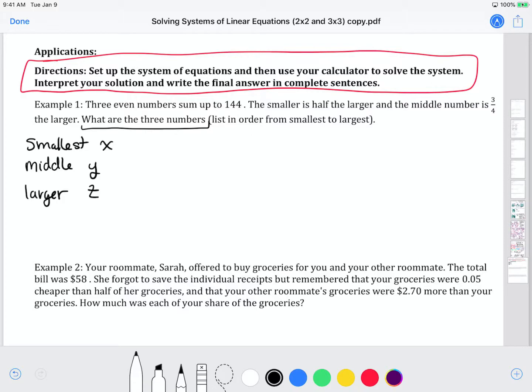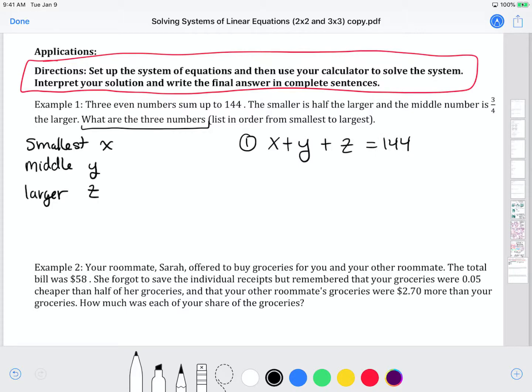Now it gives us information in the problem so that we can figure out how to set up our system of equations. It says 3 even numbers add up to 144. So all of these numbers are going to add up to 144. So that means my first equation is going to be x plus y plus z is equal to 144.